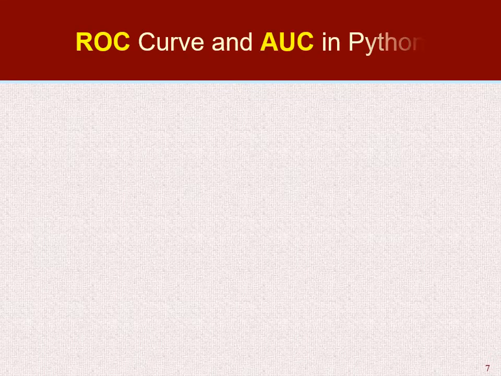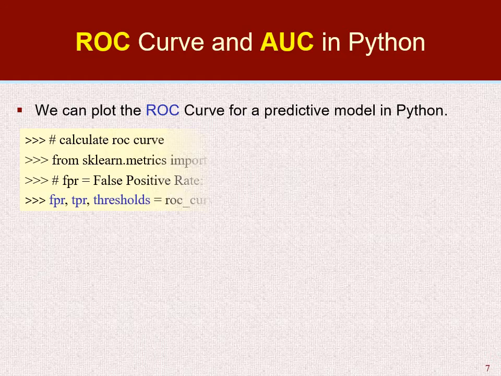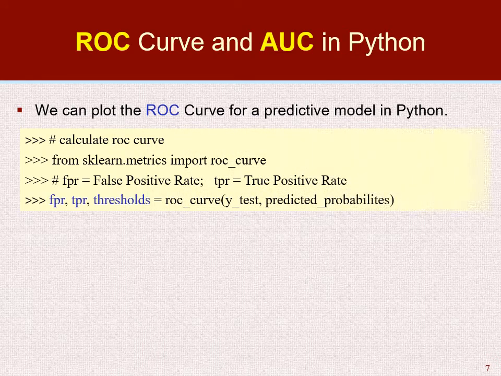Let's see now how the ROC curve and AUC work in Python, or specifically in Scikit-Learn. We can plot the ROC curve for a predictive model in Scikit-Learn using the following lines. To do that, we can use the roc_curve function, which we can import from the Scikit-Learn metrics library. Here, FPR stands for the false positive rate and TPR stands for the true positive rate.